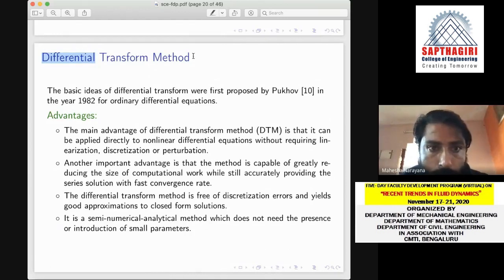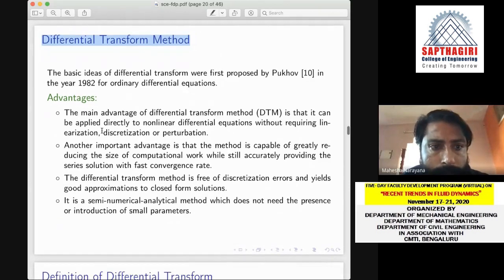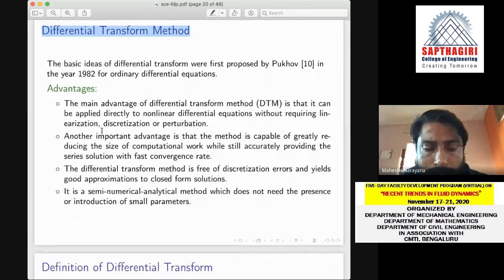Okay, and the whole idea of this differential transform arises from the Taylor series. That's why in the title I have given the title as Taylor series solution. So the words differential transform and Taylor series go synonymously. You can use them interchangeably. Okay, and what is the main use of this differential transform? The main advantage is that it can be used on nonlinear differential equations.